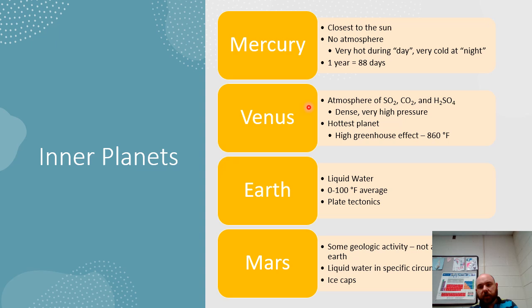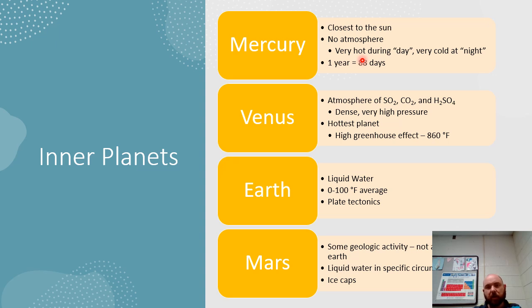All right, guys, we're getting there. So here on this slide, we have just some facts and figures about the four inner planets as you move away from the sun. They go in order: Mercury, Venus, Earth, and Mars. And I've just listed some defining characteristics of each of the planets, and you can read through them here.